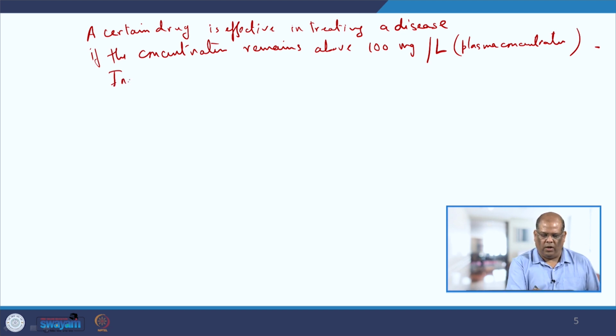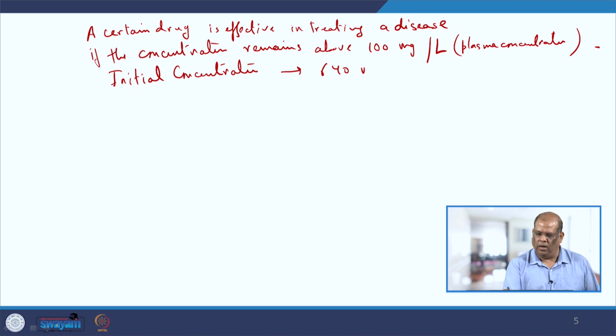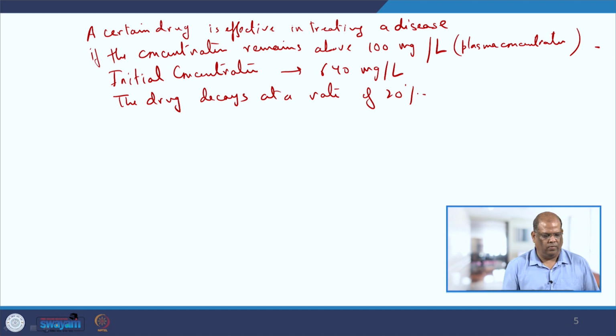Say the initial concentration is 640 mg per L. The drug decays at a rate of 20% of the amount present each hour.